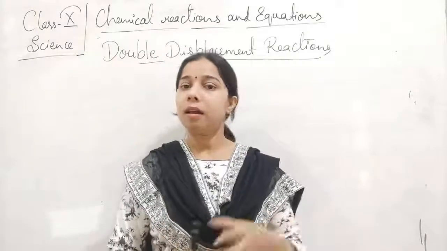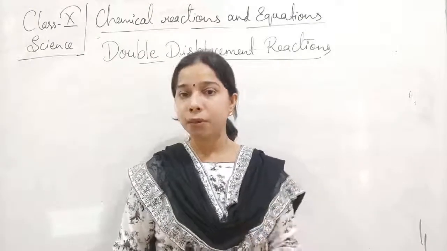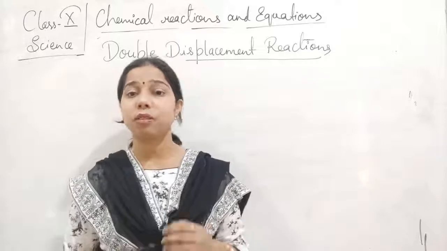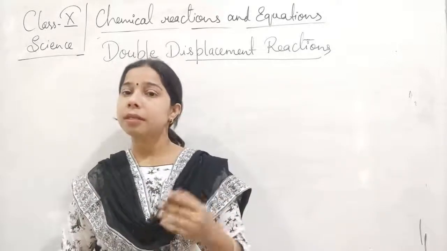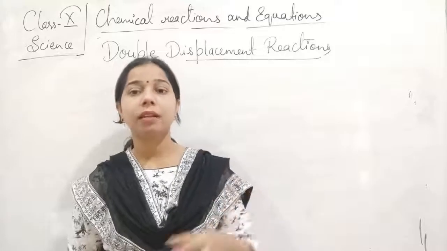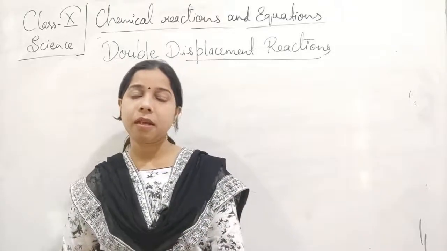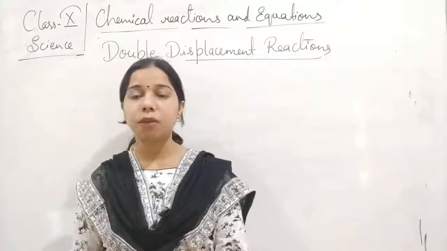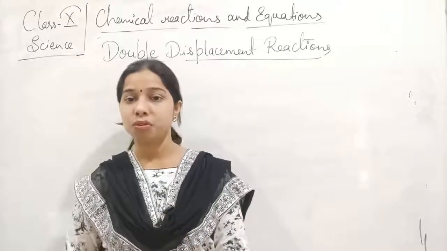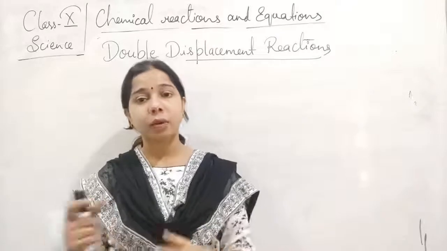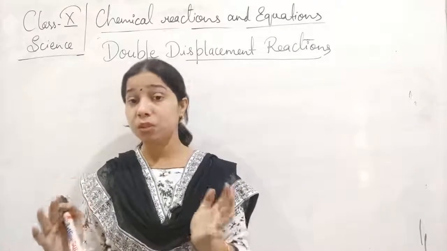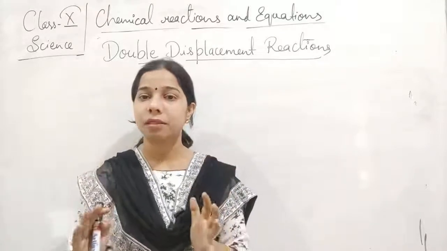Then in another test tube, we take barium chloride, and again make an aqueous solution of barium chloride. How do we make the aqueous solution, students? Simply by taking the salt and adding distilled water to it and shaking it. When it gets dissolved, that is the aqueous solution.